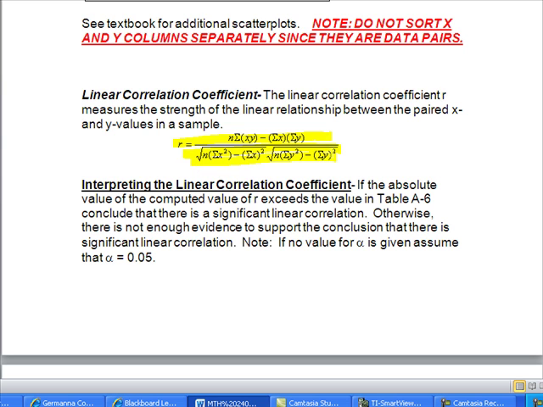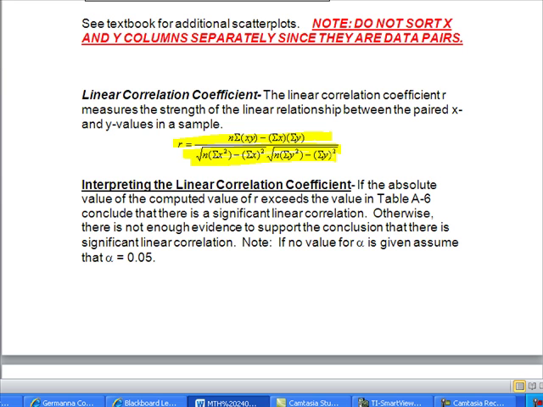We take the number of data pairs, that's our N, times the sum of the product of the X and the Y, minus the sum of the X times the sum of the Y. We divide that whole thing by the square root of N times the sum of the X squared values, minus the sum of the X's quantity squared, all in a radical, times another radical: N times the sum of the Y squares, minus the sum of the Y's quantity squared. You can see it's very messy to calculate by hand.